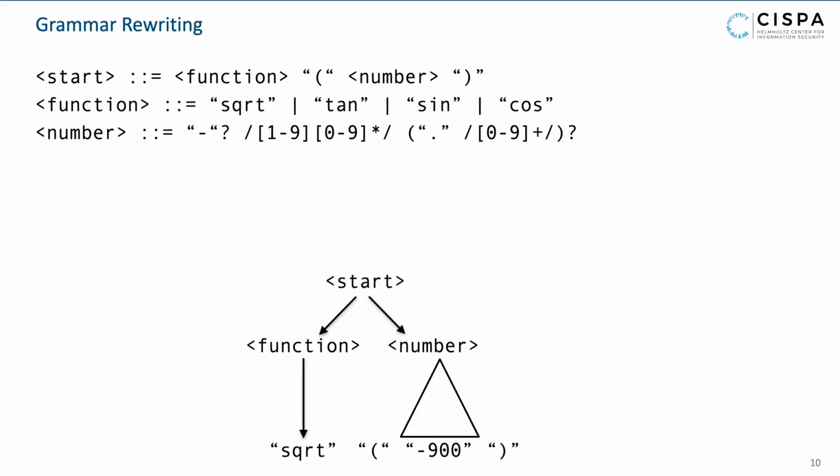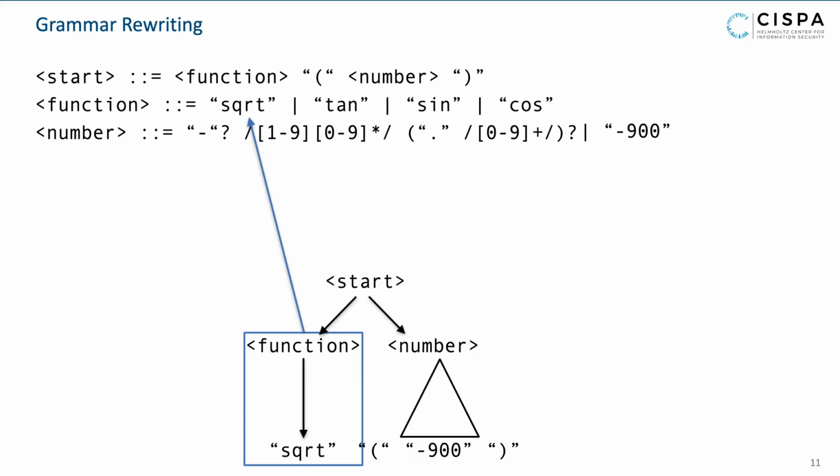But before we determine any features, we do a grammar rewrite. For each subtree of the derivation tree, we introduce its leaf word as a new alternative in the grammar. In this example, for the subtree below number, we introduce the alternative minus 900 for the number production.